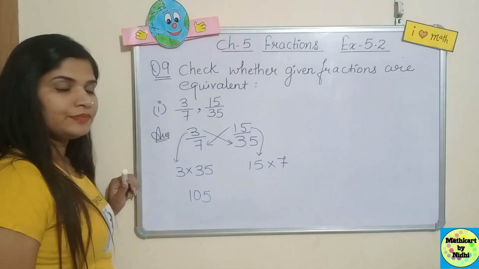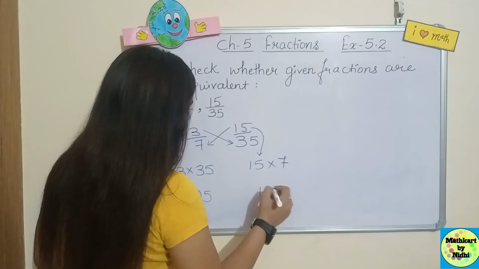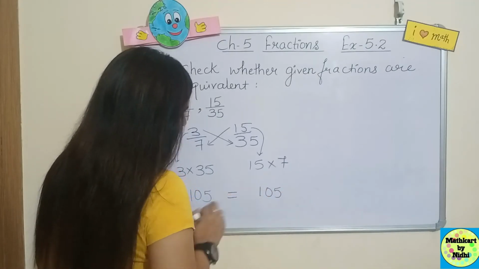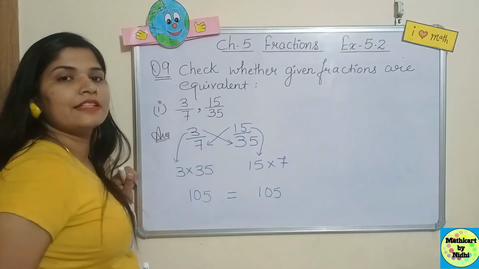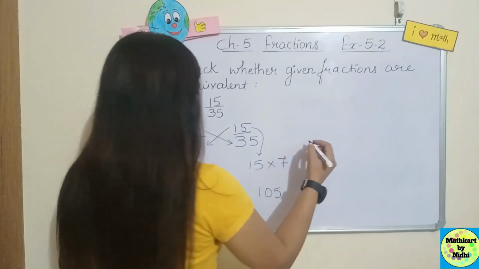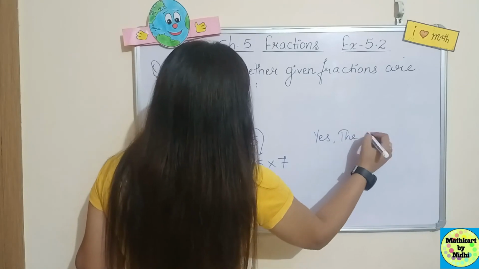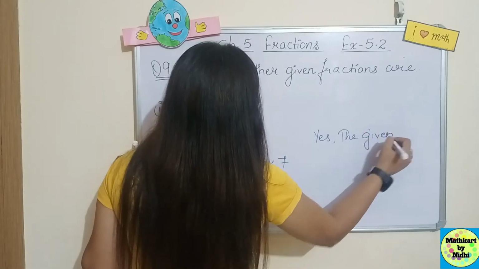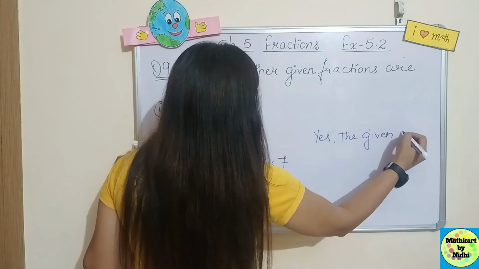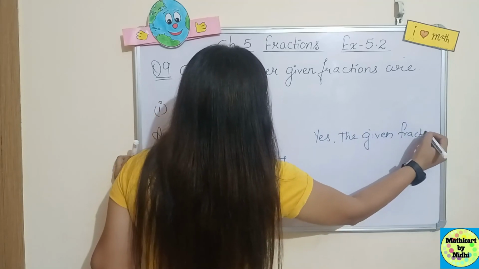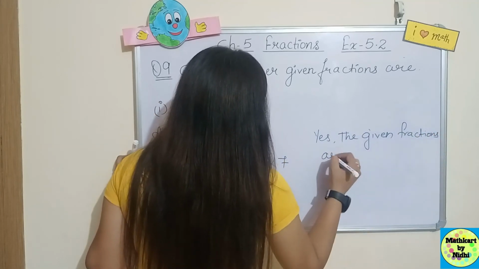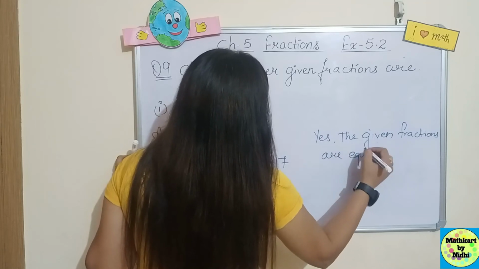And 15 7s are, of course, 105. So if both the answers are the same, that means the given fractions are equivalent. So we can say here, yes, the given fractions are equivalent.